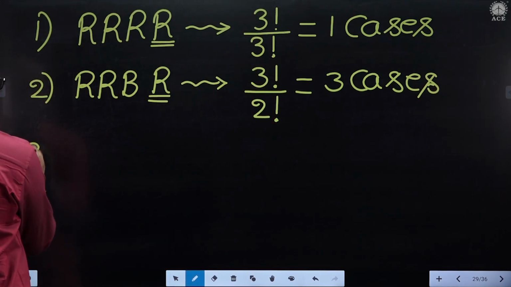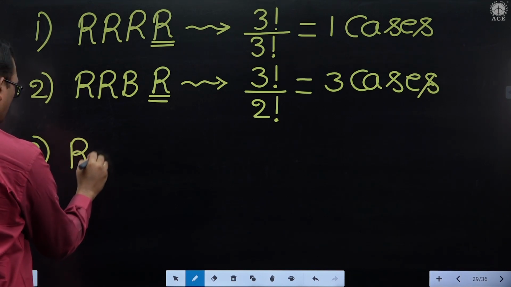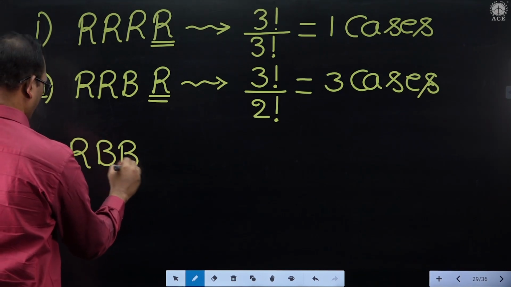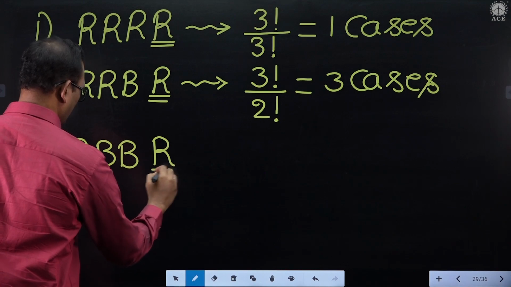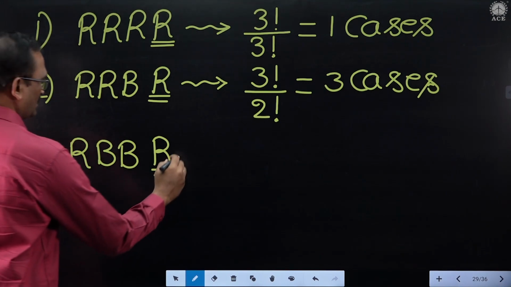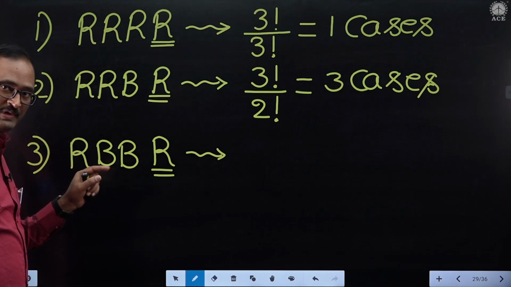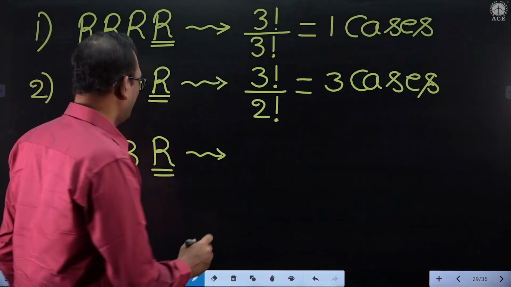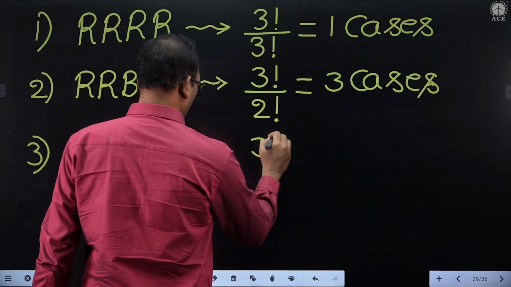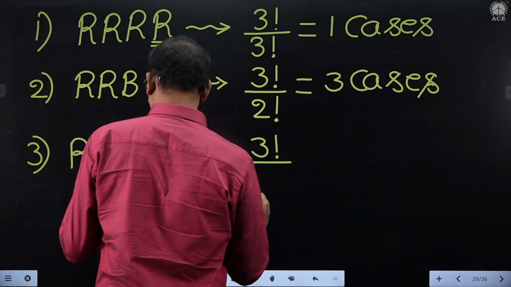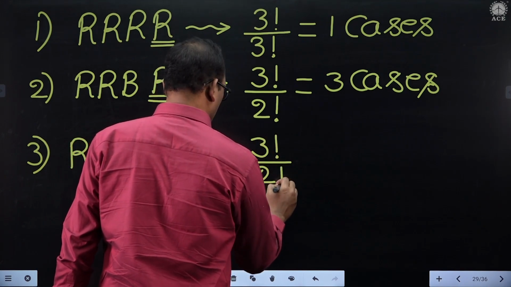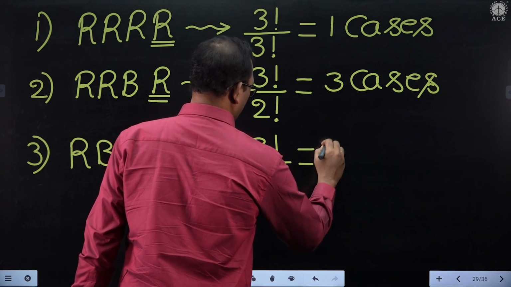Similarly, let us see 1 red, 2 blacks. The fourth is always red, no change in that. That is fixed already. Now 1 red, 2 blacks can occur in any order. That is total balls 3 factorial and black is repeated twice, so it is 2 factorial. That is 3 cases.